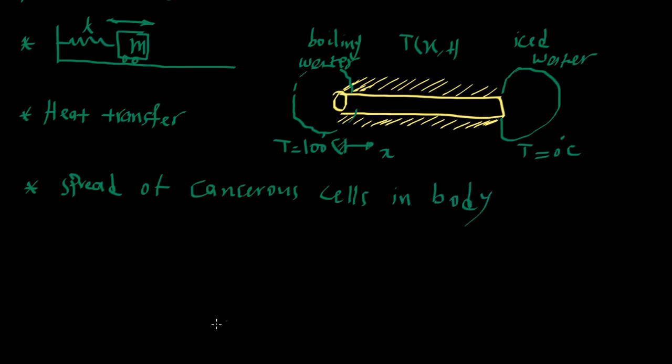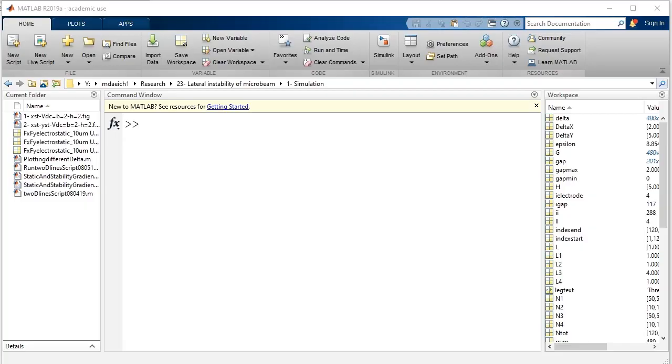The way they model the spread of cancerous cells is through a mathematical equation that shows how, for example, the number of tumors, the size of a tumor, or the number of cancerous cells in the body changes with time as the disease progresses. And if you do a little bit of searching on this, you find many papers that show the mathematical equation, the differential equation, for that case.